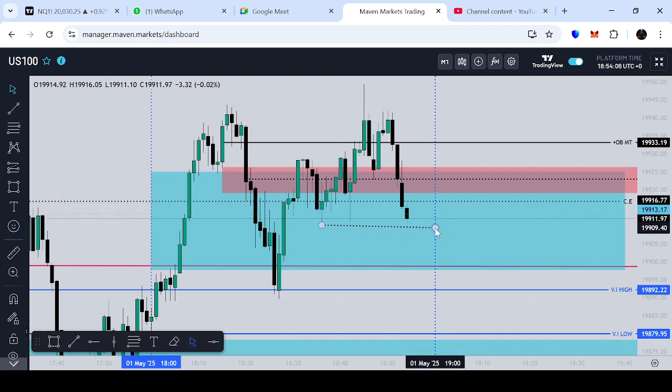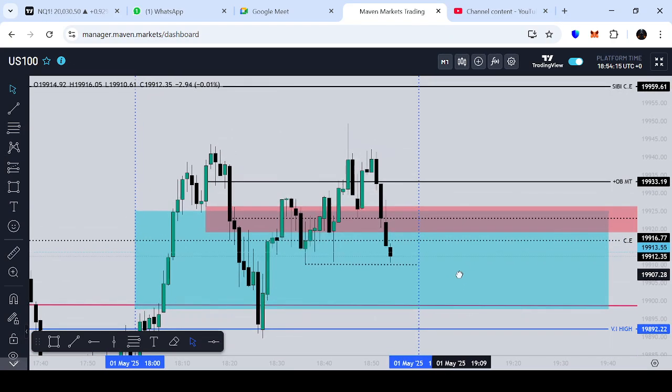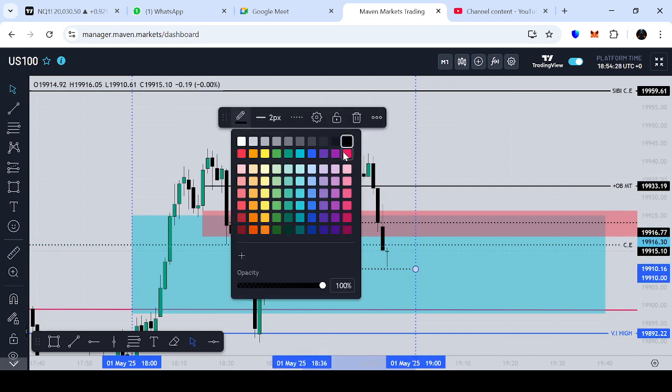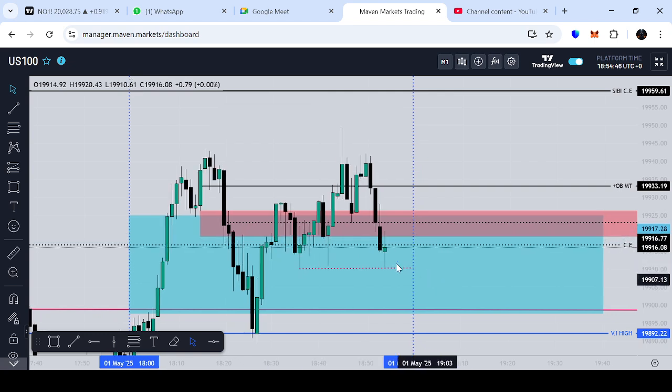The low. Lower low, like equal lows. Okay, and equal low.